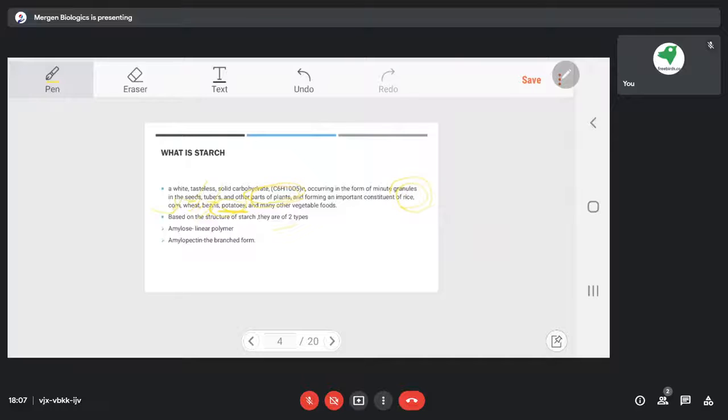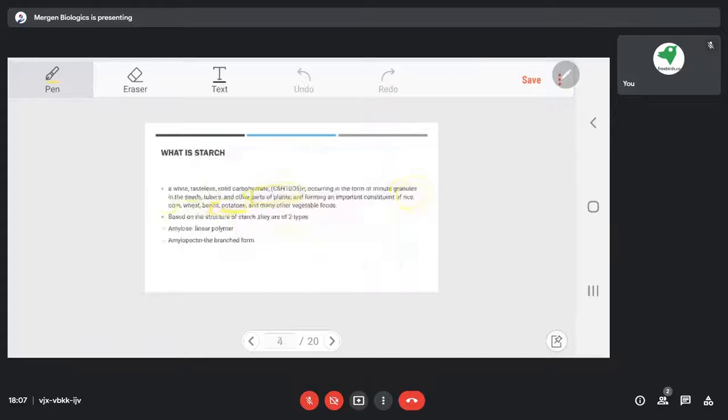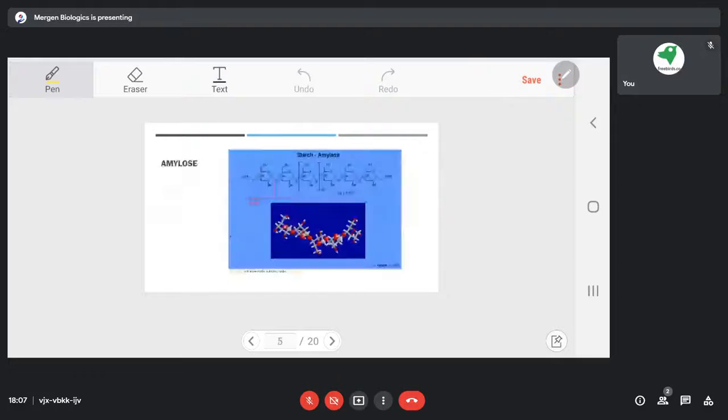One is amylose and the other is amylopectin. So this is amylose. As by the definition, starch is a carbohydrate, and many glucose molecules come together to form a starch molecule.